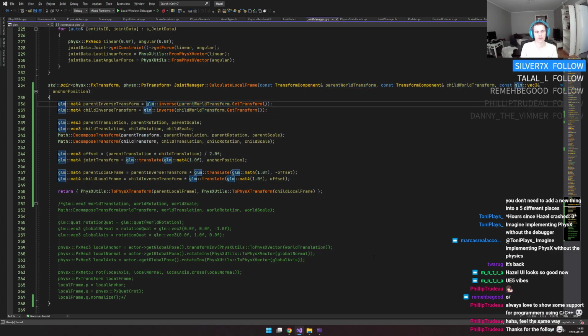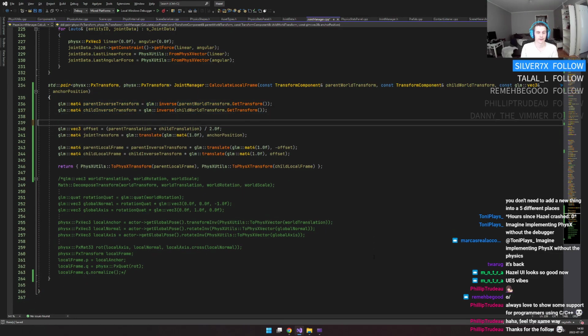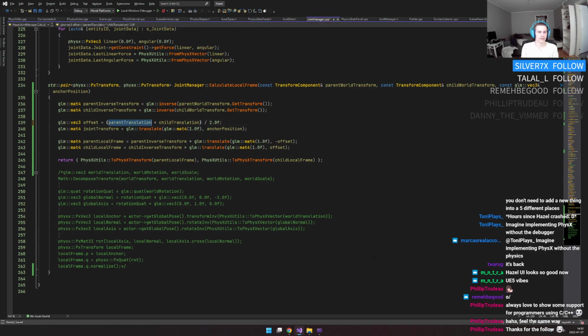We may want the inverse transform to not account for scale, but transform translation. Whoa, multiplication. That's not right. Translation.